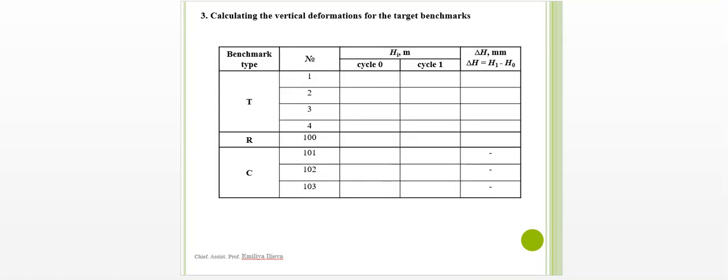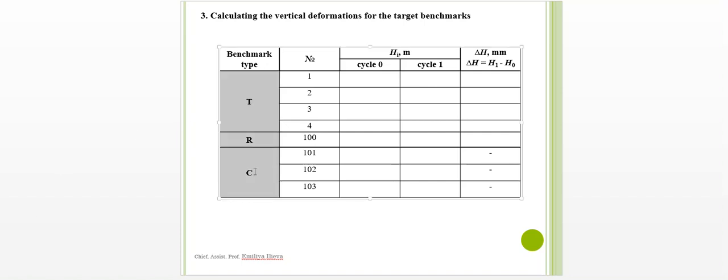The last thing is to calculate the vertical deformations. Here we have all types of benchmark, the target ones, the reference benchmark, and the control benchmarks. They are numbered. Their values from the initial cycle 0, and their heights from the second cycle 1.